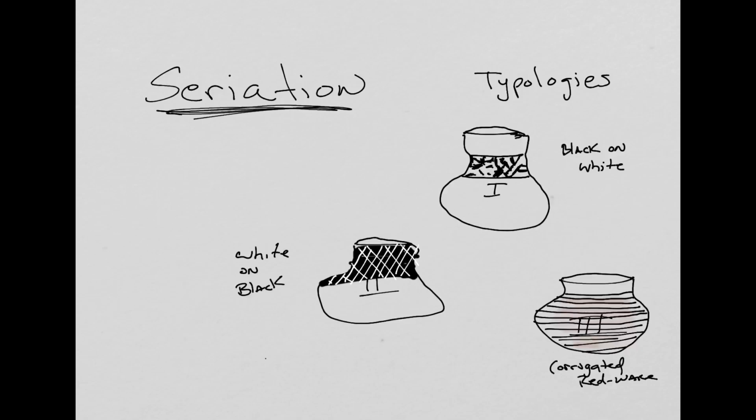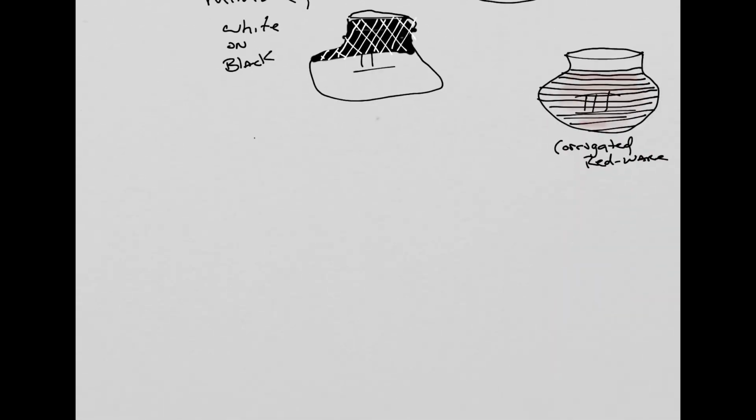And sometimes they'd have a culture associated. So this might be Mimbres black on white. This might be Mimbres white on black, and this might be whatever, something else. And once they discovered this, then they knew the sequence.